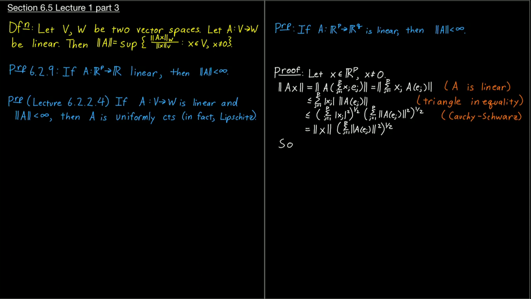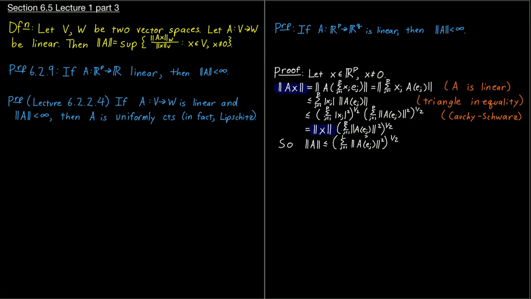So we have that the norm of A, that's the supremum of your left-hand side divided by this norm of X. This is the least upper bound of those ratios. That's less than or equal to this, the sum of norm of A of e_j squared, to the 1/2.